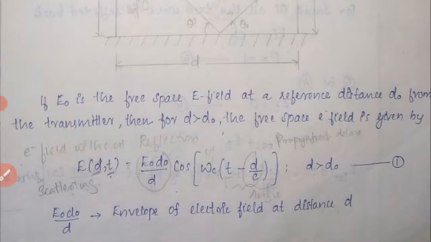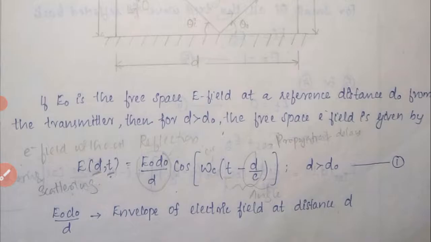If E naught is the free space electric field at a reference distance d naught from the transmitter, then the distance d between transmitter and receiver is greater compared to the reference distance. First we write the free space electric field.